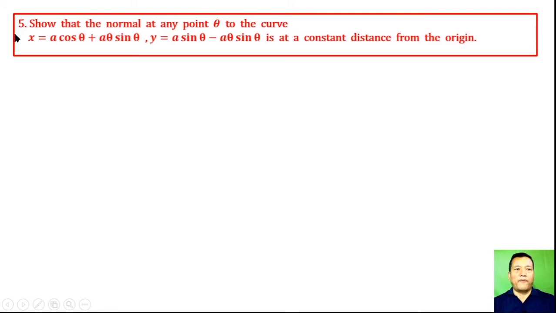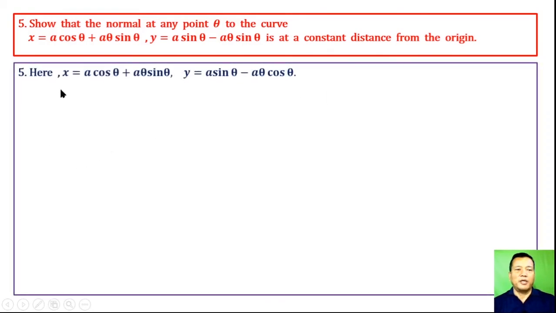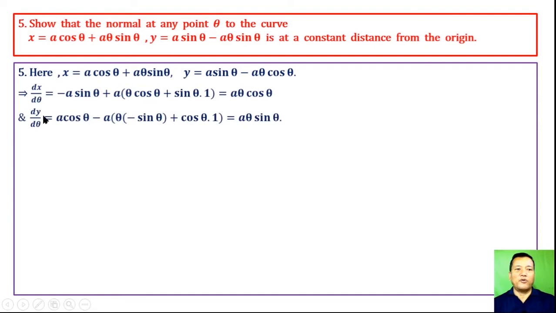For question number 5, show that the normal at any point theta to this curve, x equal to this and y equal to this, is at a constant distance from the origin. Here x is in terms of theta, y is in terms of theta. Therefore, dx by d theta we get this, and dy by d theta, differentiating with respect to theta, we get this.